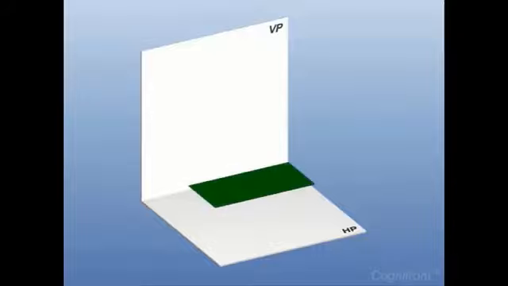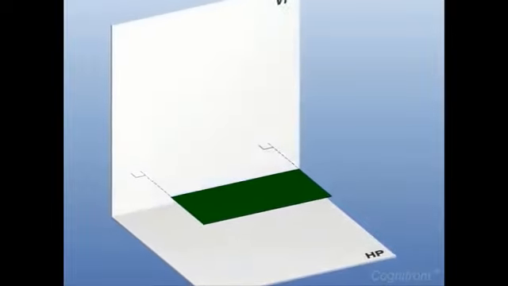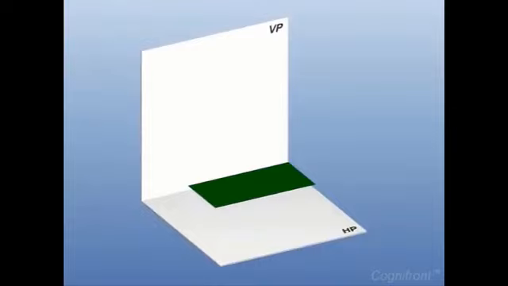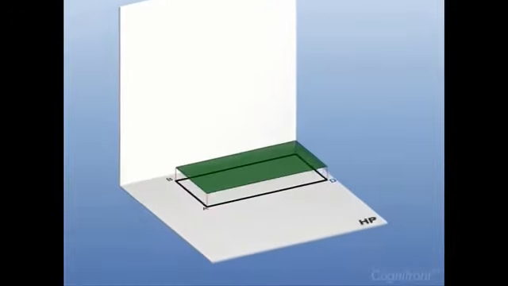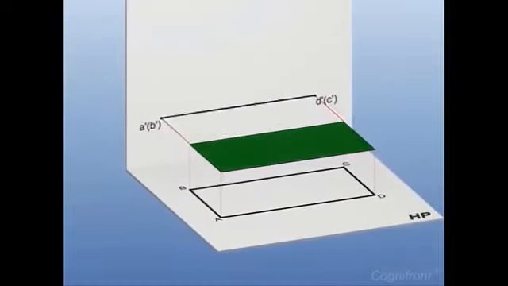First, the plane is assumed to be parallel to HP with its longer edge perpendicular to VP. Then, observe the diagram for step 1. The true shape and size of the plane is given by its projection on HP. The front view will be a true line parallel to reference line XY.